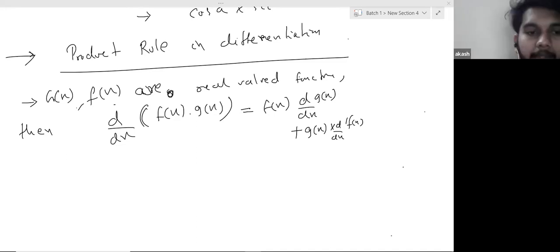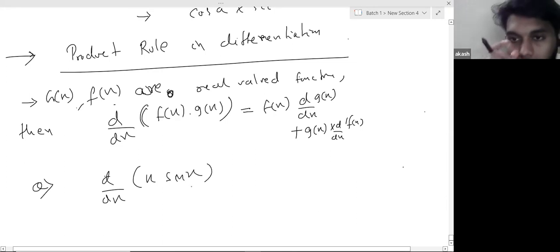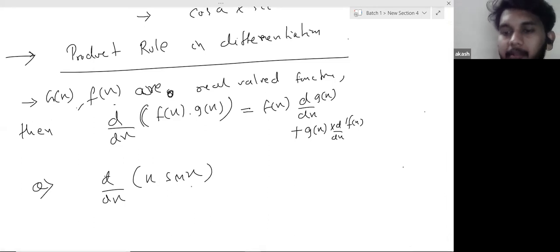All right, so suppose in the question they give you, differentiate x sin x. Now we know the differentiation of x, and we know the differentiation of sin x, but they have multiplied these two functions.